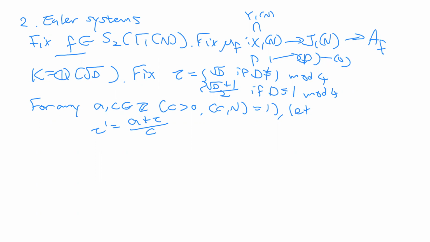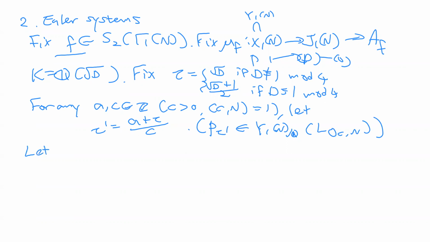Then obviously, by the previous slide, P sub tau prime is a point of Y1 of N over the extended ring class field, right?